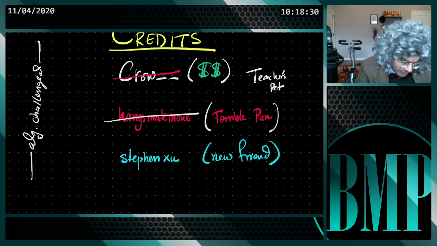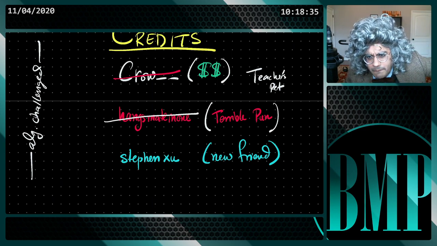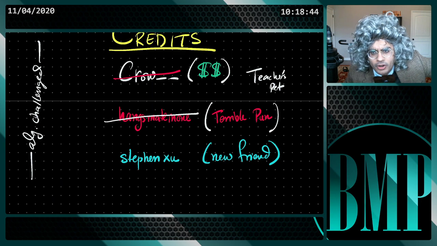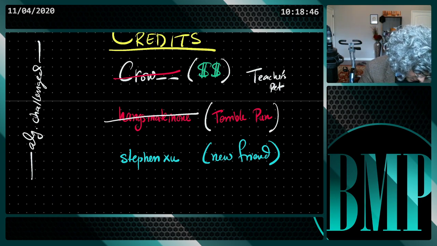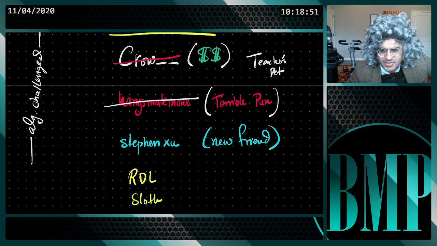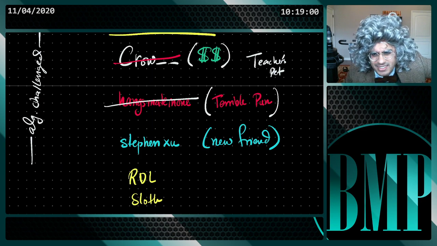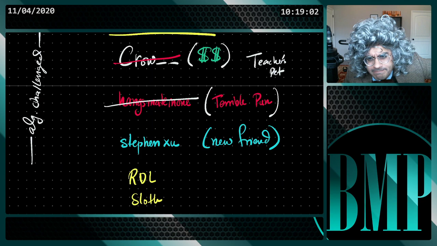Oh, you meant Crow? Okay, fine. I'll cross both of them off. Okay, good. All right. Hey, Steven, how's it going? Who else? RDL was here. RDL and Sloth, I saw you. I'm sure the other students were here too. Okay, math sucks, boo. Okay, you're not gonna make it in the thing.